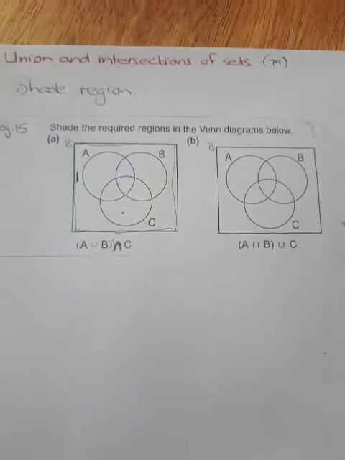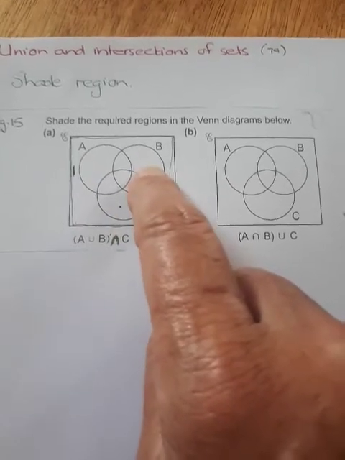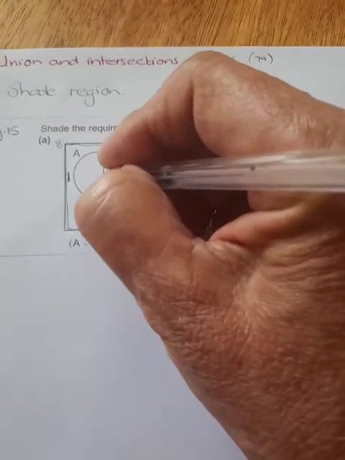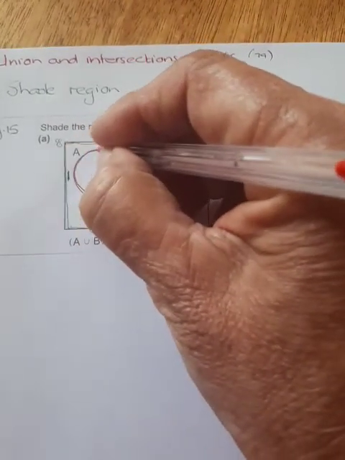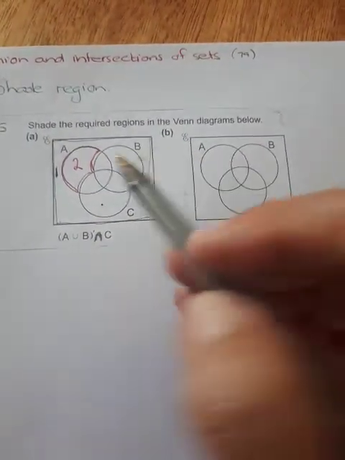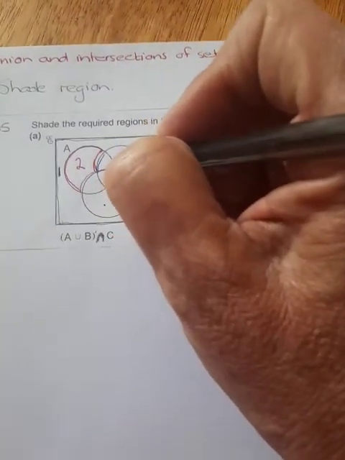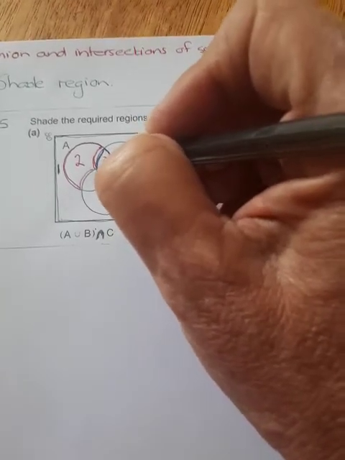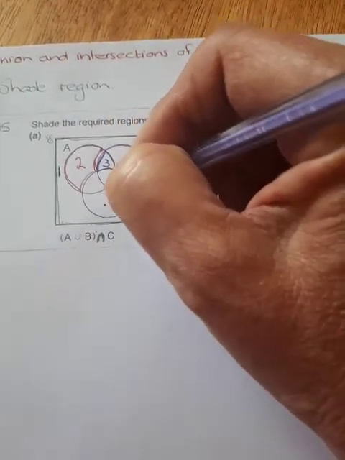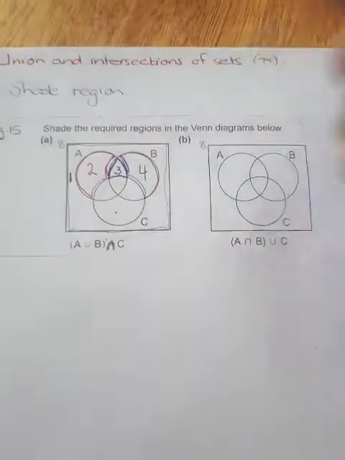Now if you look at the top, the A and the B, it is the same as if we have two sets. Set A outside the overlaps is region 2. The overlap between A and B, which is only this part, is region 3, and set B without any overlap is region 4.